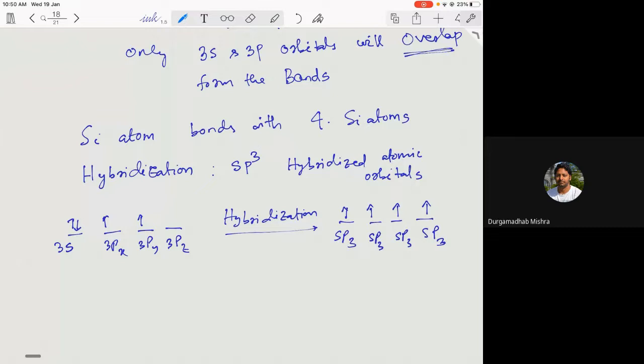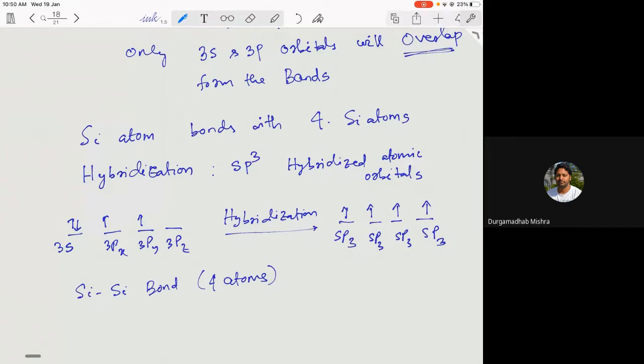And they form a degenerate hybridized orbital state. That means they have the same energy. All these hybridized atomic orbitals will have the same energy, and that's why silicon bonds with 4 atoms, very similar to carbon as well, right?